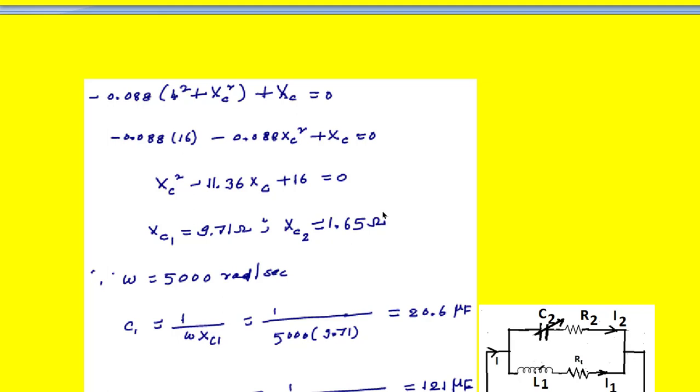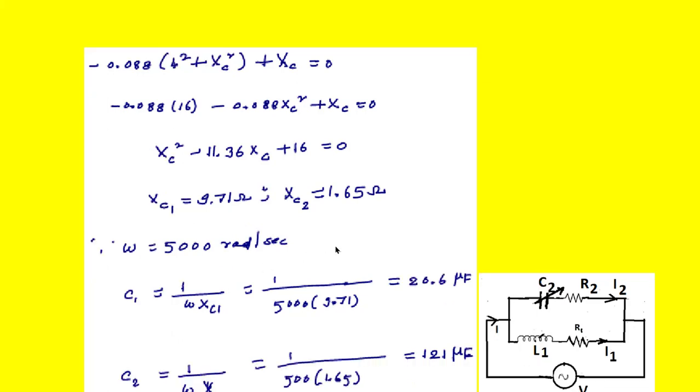Because we know the supply frequency omega is equal to 5000 radians per second, we can calculate the capacitance value. C1 is nothing but 1 by omega xc1. That is 1 by 5000 into 9.71, then we get 20.6 microfarad.